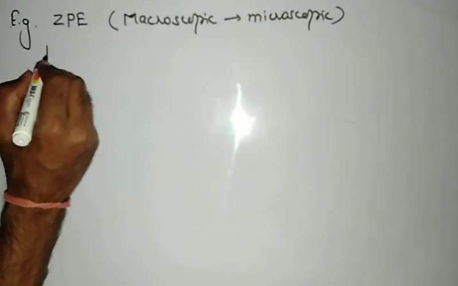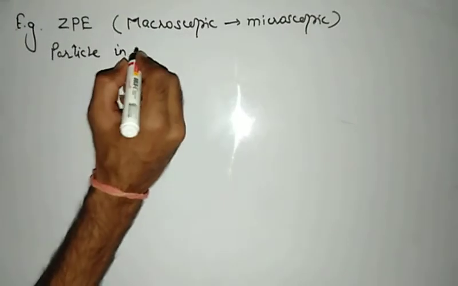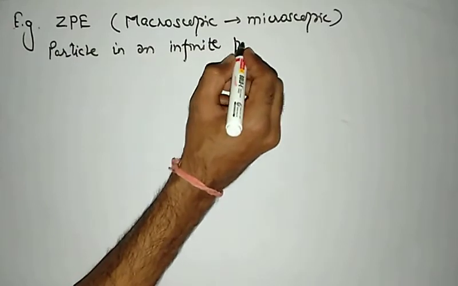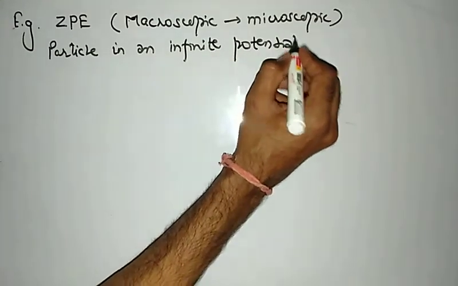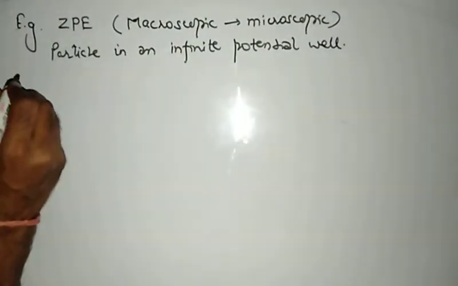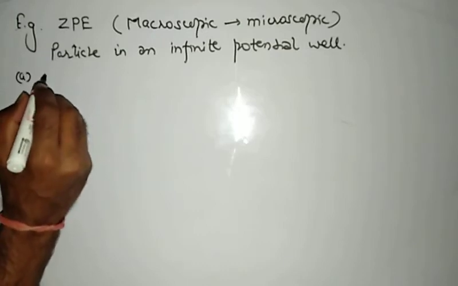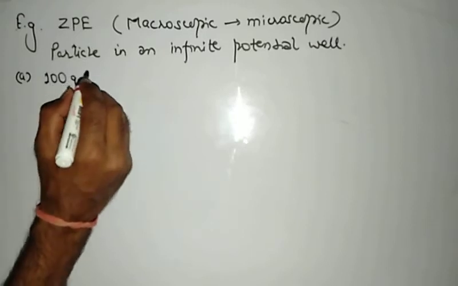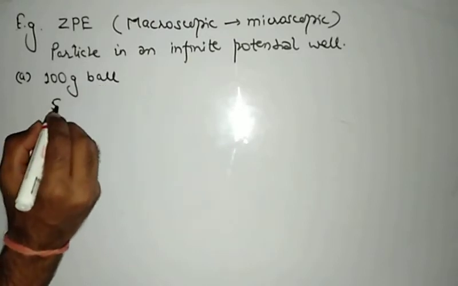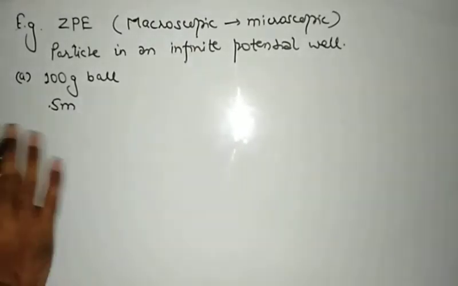For this we are considering a particle in an infinite potential well. So we will see three cases. First, a 100-gram ball confined on a 5 meter long line.